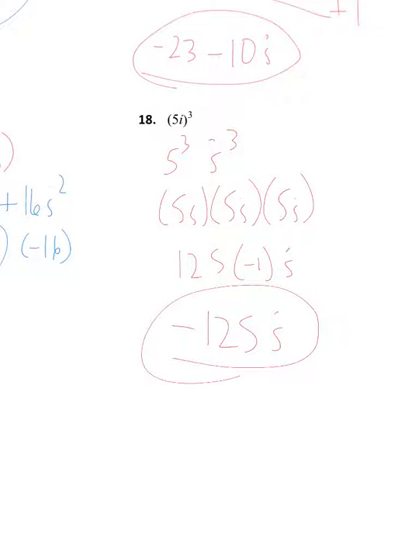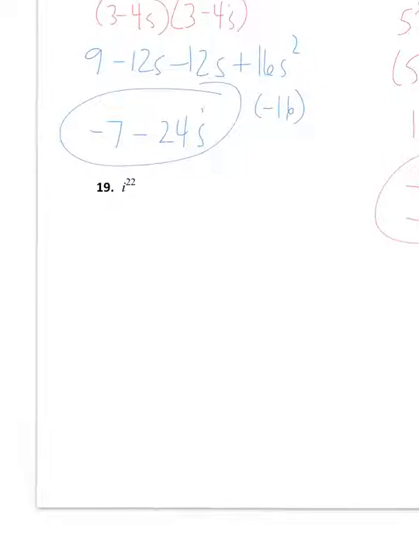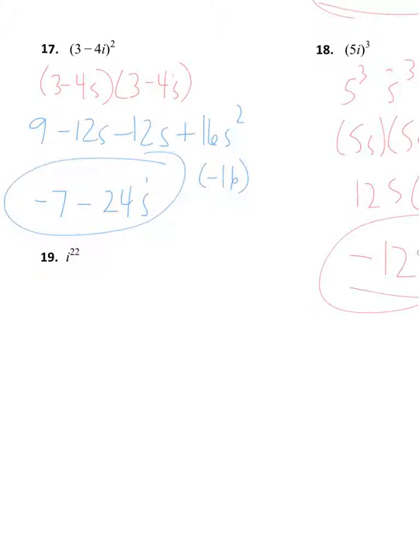Okay. And part of understanding 18 kind of leads into what we're doing with 19. Okay. I really haven't talked too much about this in my class. But if we think about it, i equals the square root of negative 1. i squared equals negative 1. i to the third power is going to equal negative i, which is the negative square root of 1, and i to the fourth power equals 1.